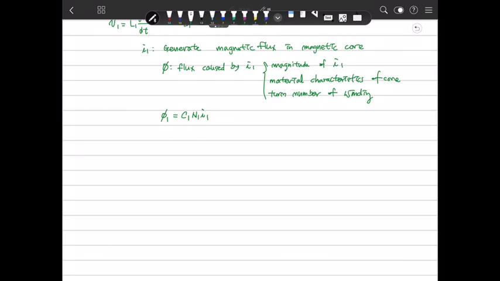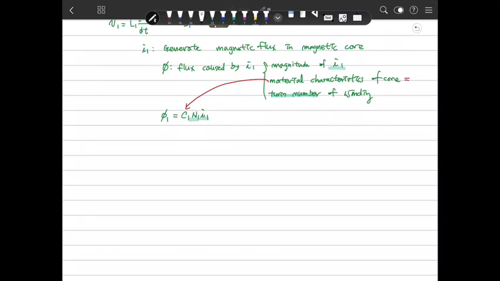Here is I1 and the turn number, and I don't know the material characteristic of the core exactly to express phi1, but I don't care about that. Let that be C1 here.